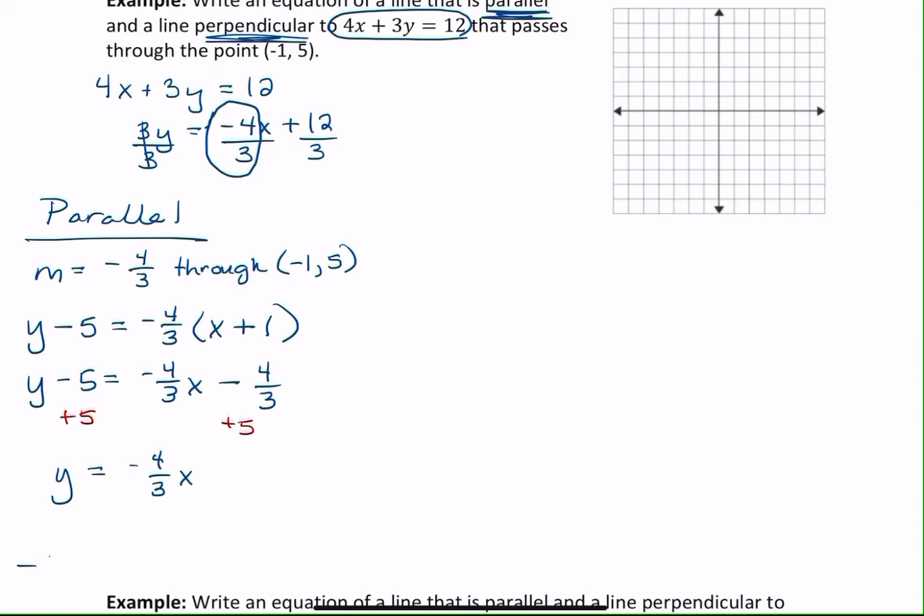So I've got negative 4/3 plus 5 over 1. And so I need to change that to a common denominator of 3. So I've got negative 4/3 plus 15/3, which is going to give you 11/3. So it'll be plus 11 over 3.